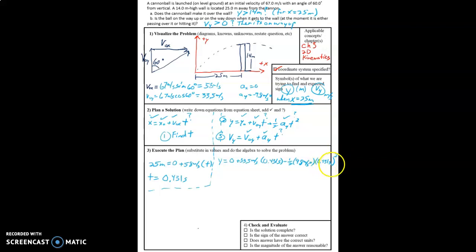It pertains to the number and the unit. Okay, we get a value of 13.5 meters, which is less than 14 meters. Ball does not clear the wall.